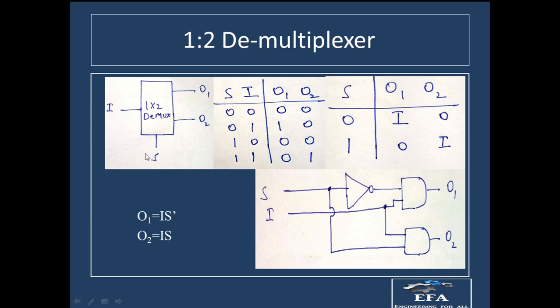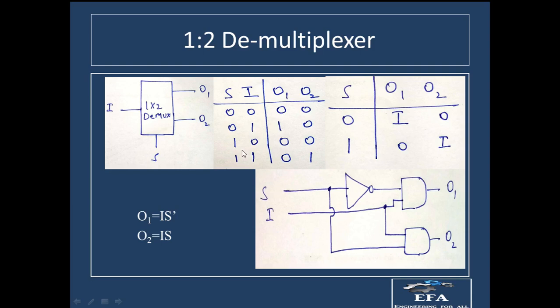If the value of s is equal to 1, whatever is coming at I will go to O2. In the first two cases we have s equal to 0, which means whatever is coming at I has to go to O1. So for the first case, I is equal to 0, therefore O1 will be equal to 0. If I is equal to 1, then O1 is equal to 1.